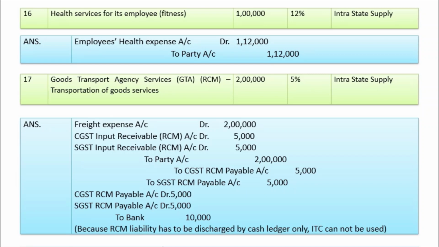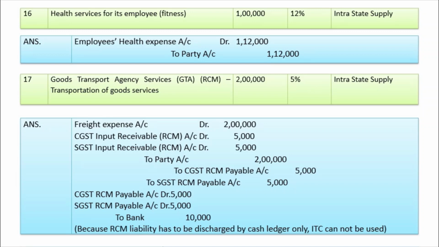Because it is a reverse charge mechanism and credit is available, but credit is not available in the first stage. First of all, the person has to pay this GST amount to the government, and then after paying it, he will claim the credit, because the recipient is liable in this situation.